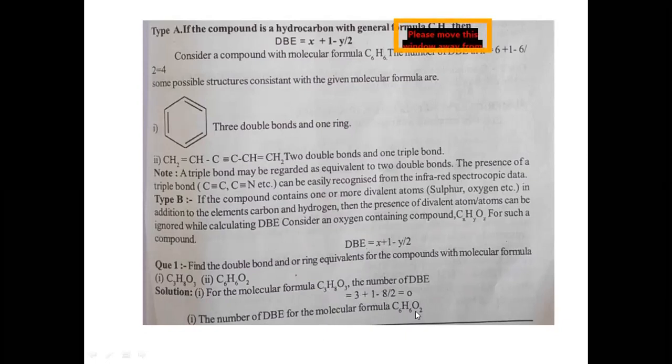Now you calculate the number of unsaturation for this compound, C6H6. You keep all the things with you, a notebook. You calculate the number of double bonds or unsaturation for this compound.